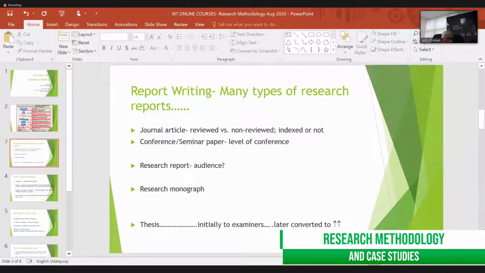And of course, all of us know today, when you talk about journal articles, it's not just any journal. You have reviewed journals, you have non-reviewed journals. You have indexed journals and those that are not indexed, and the different indexes that are used. You have the Scopus journals, you have the Web of Science journals, etc.